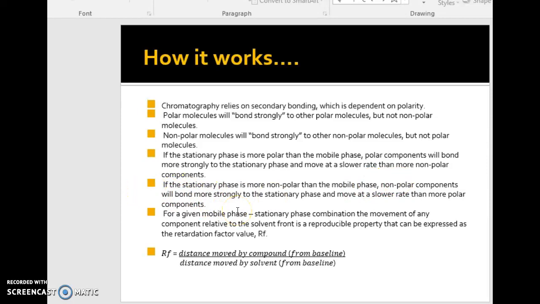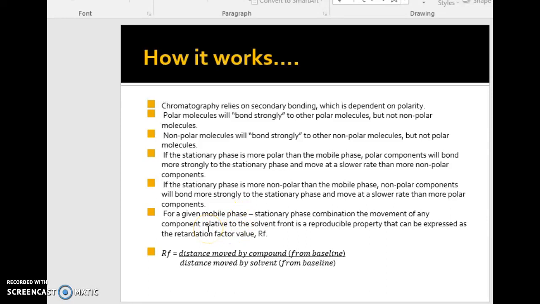If the stationary phase is more non-polar than the mobile phase, non-polar components will bond more strongly to the stationary phase and move at a slower rate than more polar components. So stationary phases and mobile phases can be polar or non-polar, depending on what you want to find.